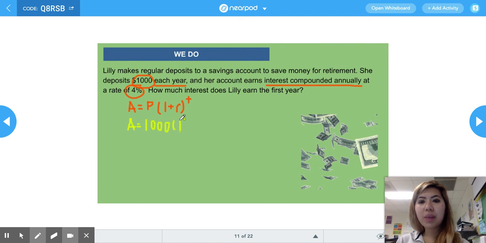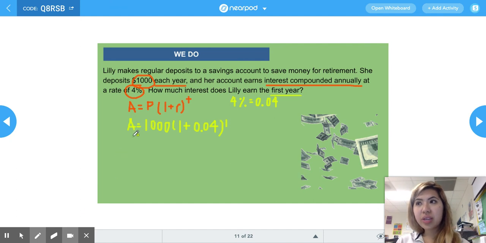And then we're multiplying it by 1 plus our R, or our rate, which is 4%. 4% is the same thing as 0.04 as a decimal. And then it's going to be raised to the power of 1 because the question is asking how much interest Lily earns the first year.